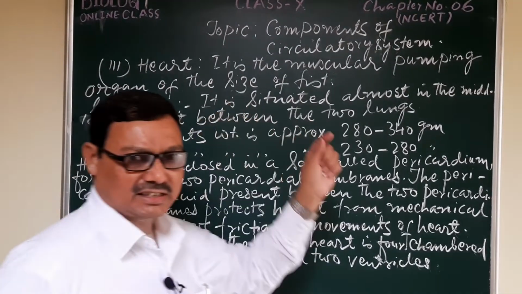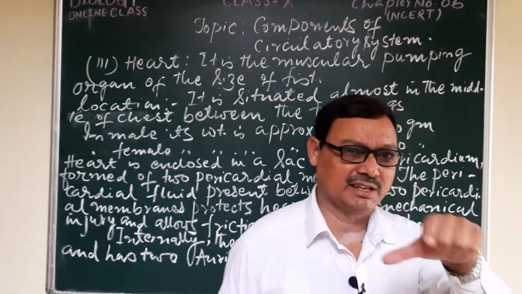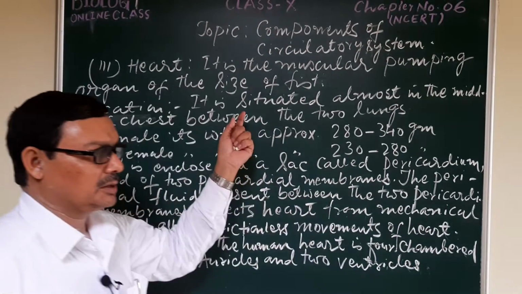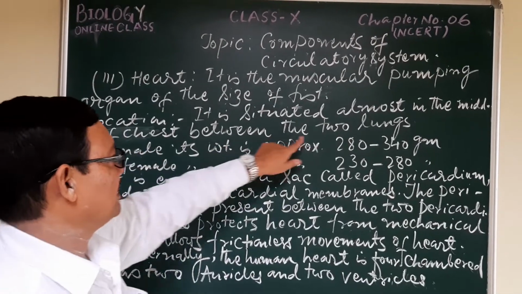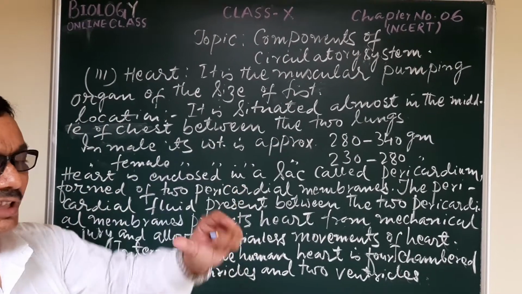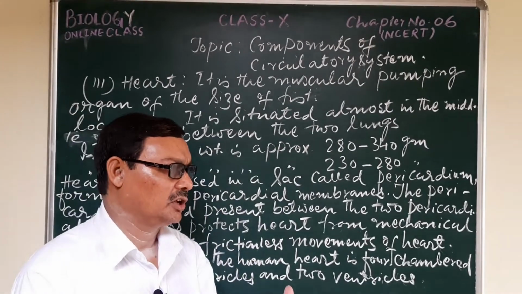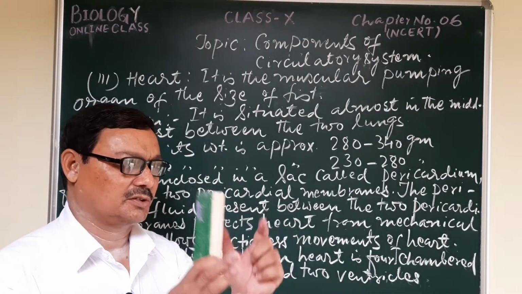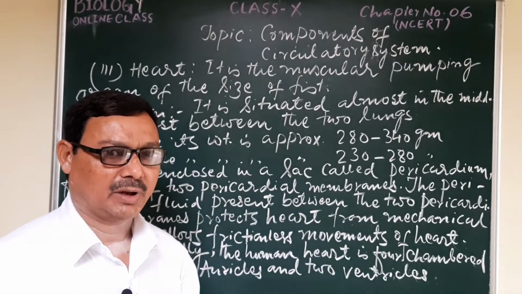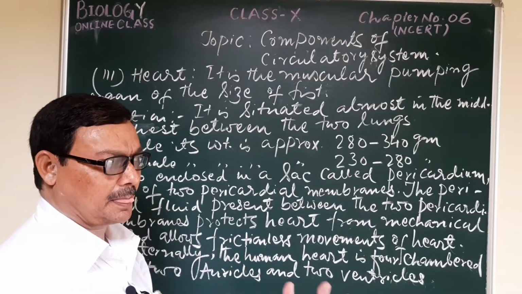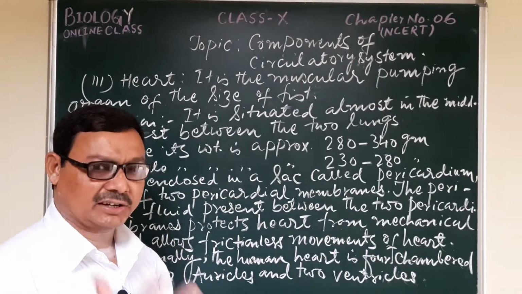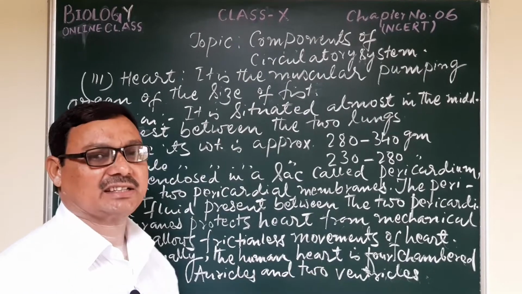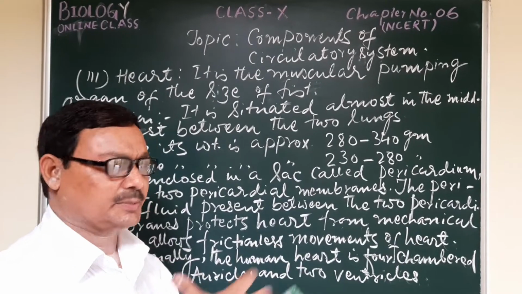Where is it located? It is located in the thoracic cavity or the chest cavity between the two lungs, almost in the middle between the two lungs, and the chest cavity is well supported and well protected by the vertebral column at the back, the sternum in front, and from the lateral side there are ribs.